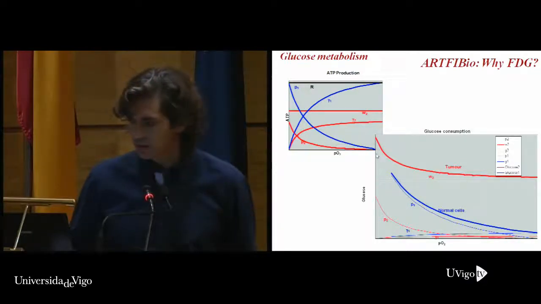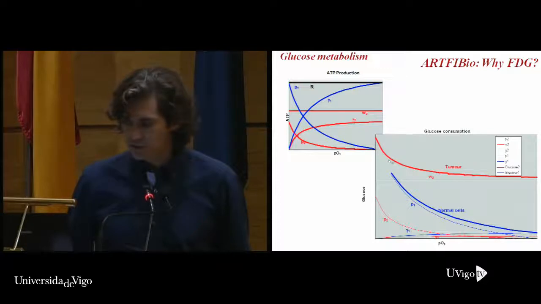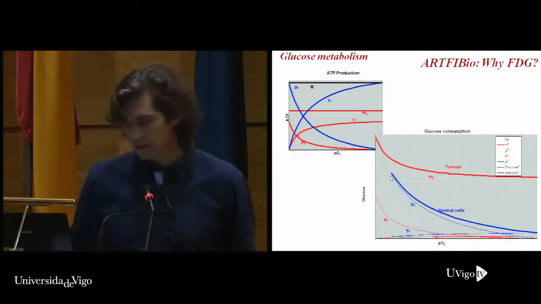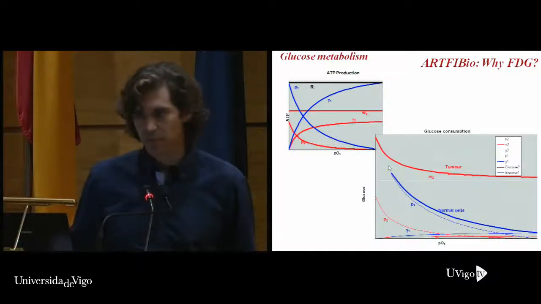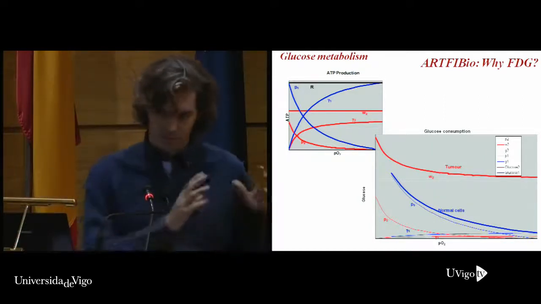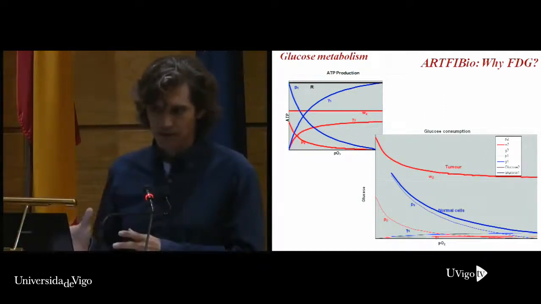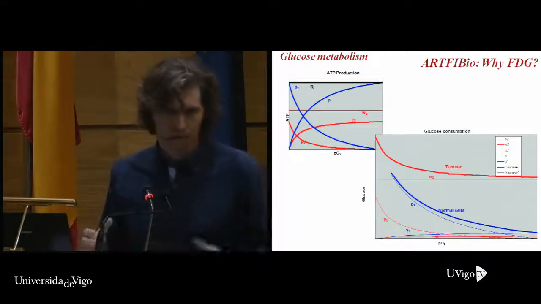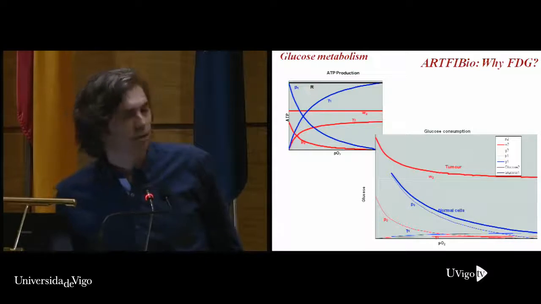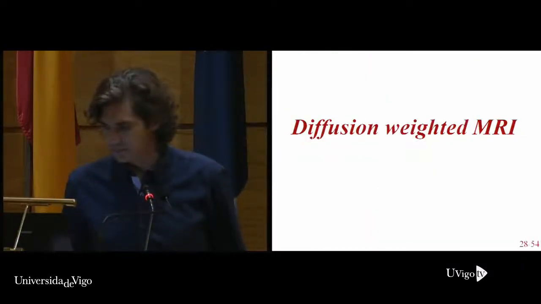And even more, the tumor cell can survive in no oxygen conditions, and normal cells cannot survive, and even in more acid conditions. Everything is related: the glucose metabolism, the acid environment, and the probability to survive in low oxygen conditions.